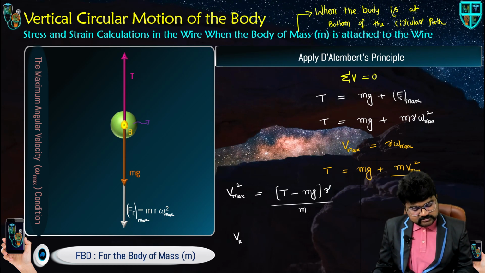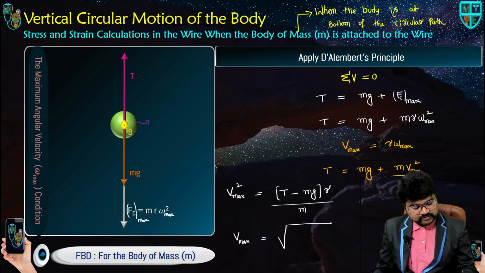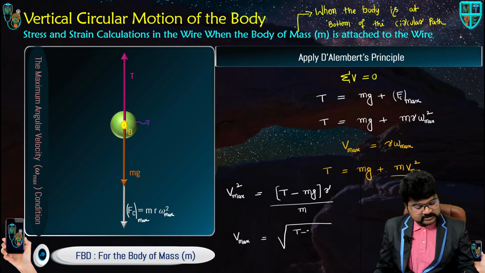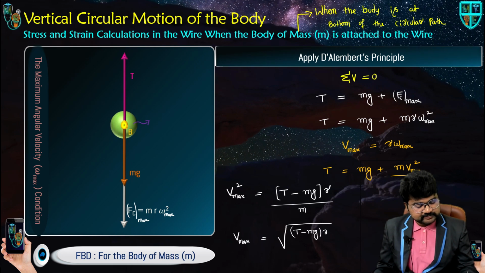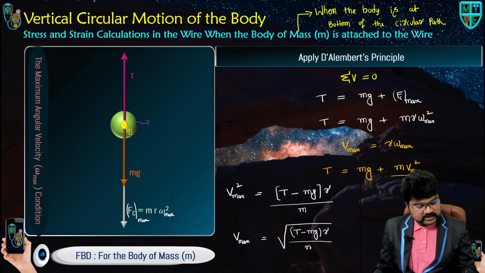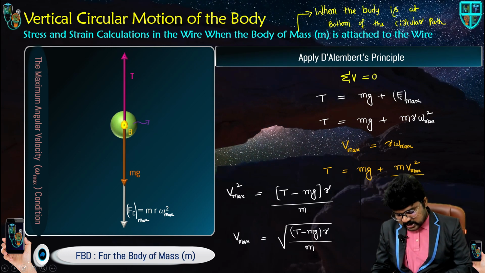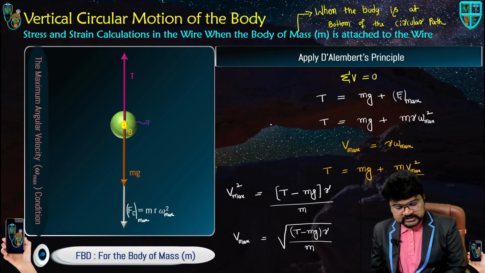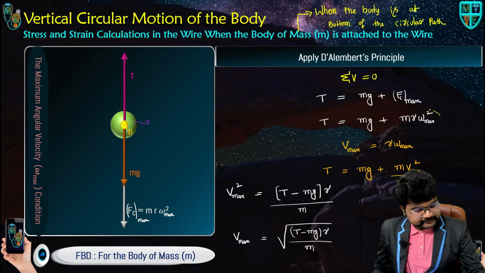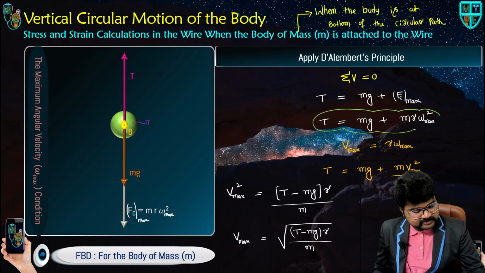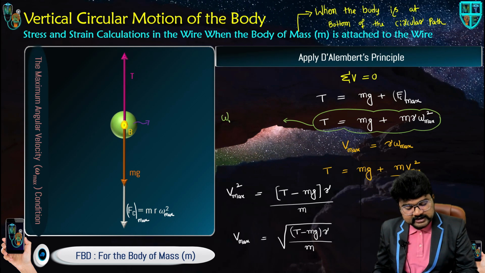So what is the maximum linear velocity? Square root of T minus mg, when the body is at bottom of the circular path, into r by m. You will be getting this. If you are interested to write omega maximum, what is the omega maximum from this expression?